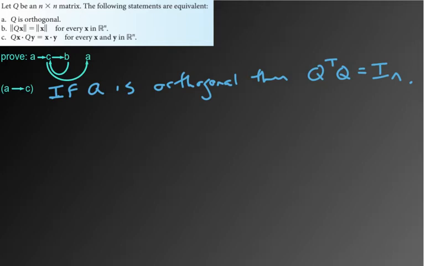So now I'm just going to get in and start. If I do QX dotted with QY, I'm going to use that duality understanding of dot product that we saw earlier in the year, that there's this connection between transpose and dot product. So I can also write this as (QX) transpose times QY.